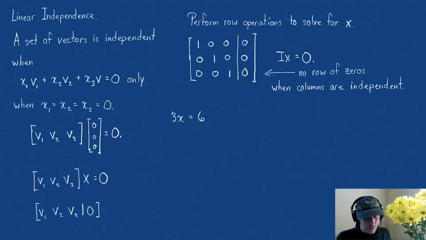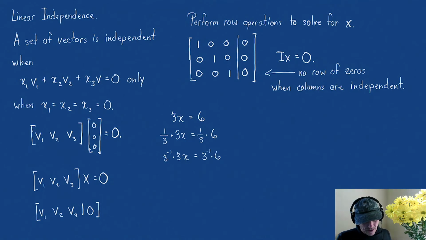But let's be more thoughtful. Let's think about what we were originally told. Originally, you said, well, this is 1/3 times 3x equals 1/3 times 6. Well, then you said, well, 1/3 is also the same as 3 to the negative 1 times 3 times x equals 3 to the negative 1 times 6.